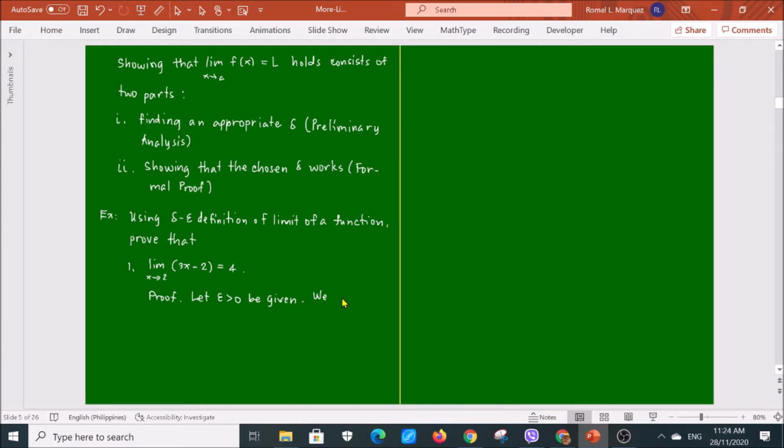We want to find a delta that is positive such that if the absolute value of x minus a is between 0 and delta, then the absolute value of f of x minus L is less than epsilon.